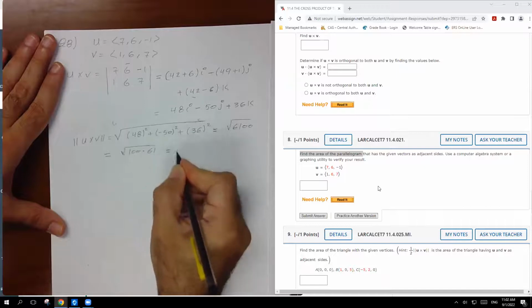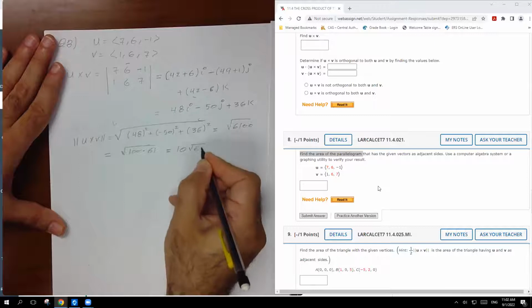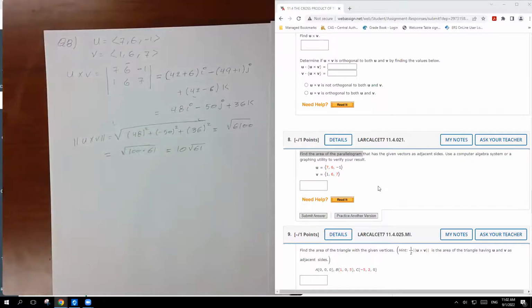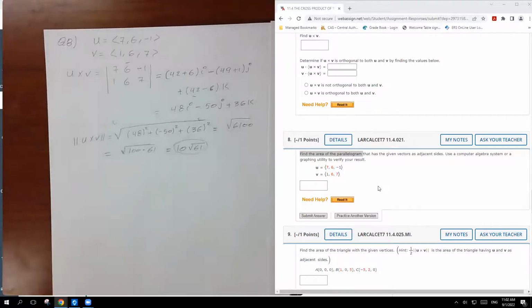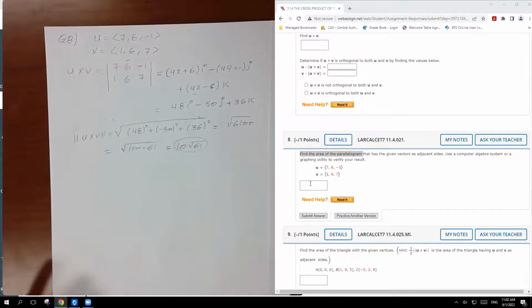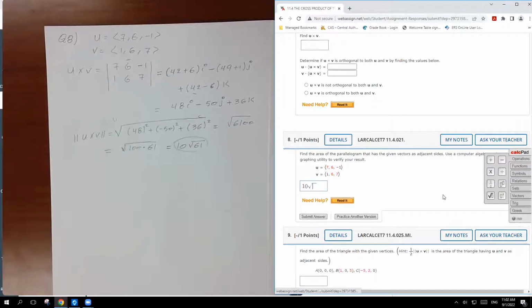And the square root of 100 is 10, so it's going to be 10 square root of 61, because now 61 is a prime. So this is going to be the area for the parallelogram. Let's check that. 10 square root of 61.